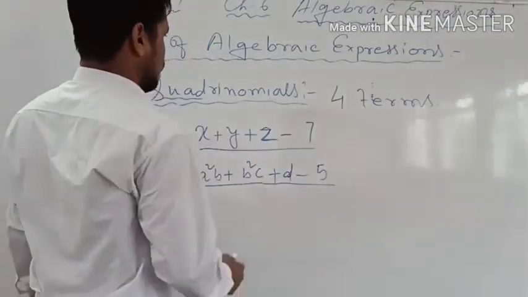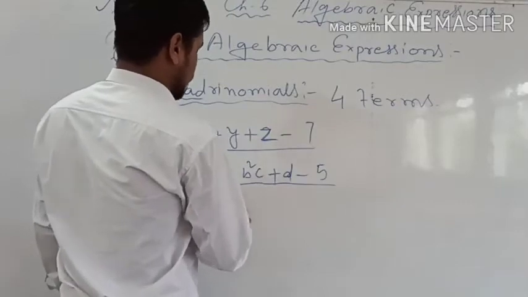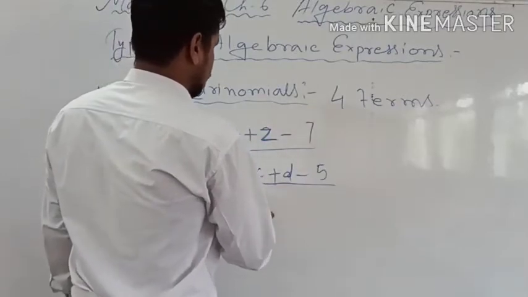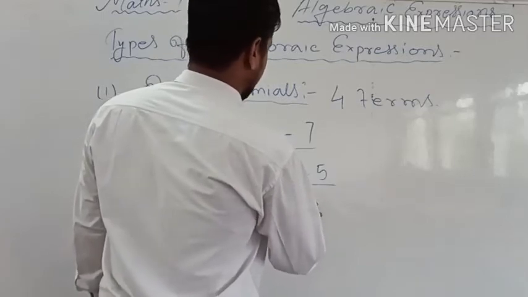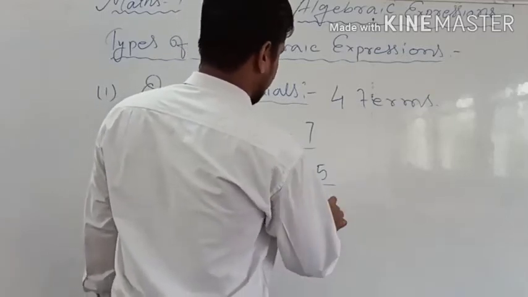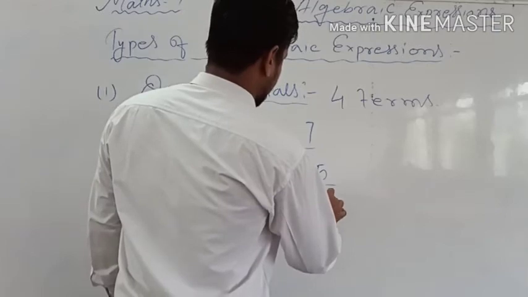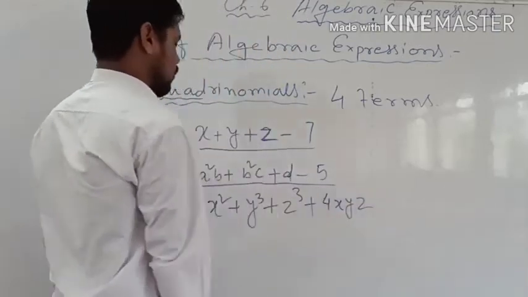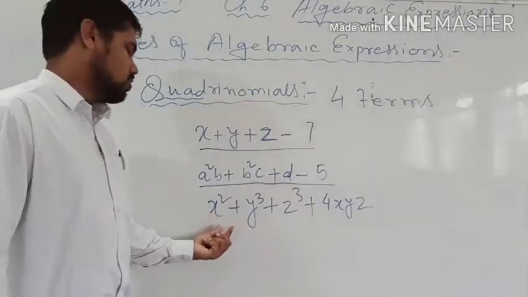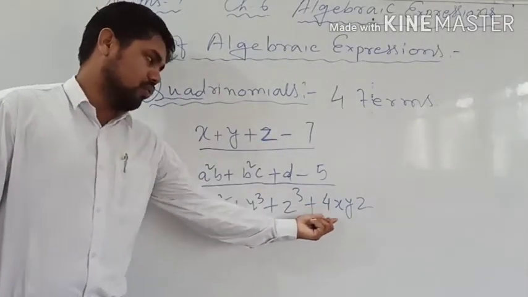Another example you can take as like x square plus y cube plus z cube minus suppose 4xyz, or plus 4xyz. So here also you can see 1, 2, 3, 4. Four terms are here.